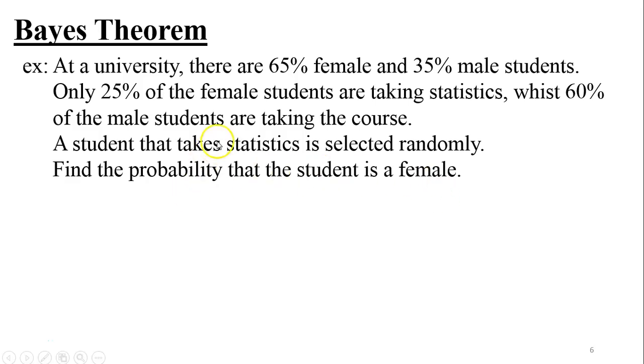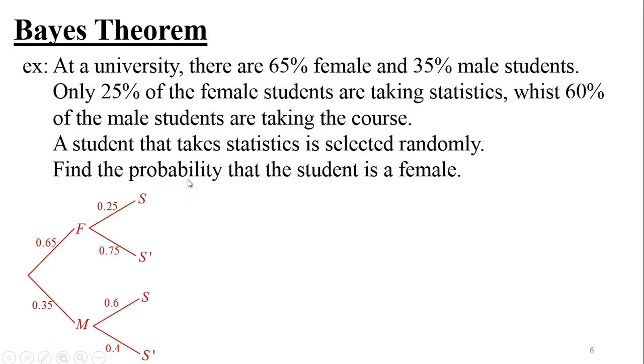So as you can see here, taking statistics is an event that is realized. So the probability that that student is a female is in fact the probability that it's a female given that it takes statistics. So that's the probability that we need to find. Let's just first illustrate this problem on a tree diagram.